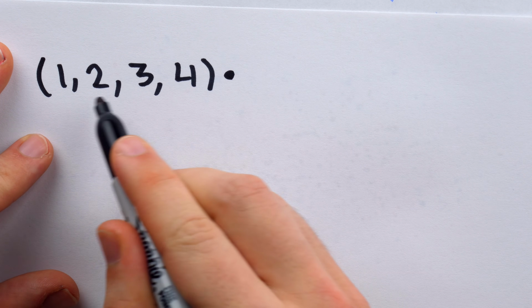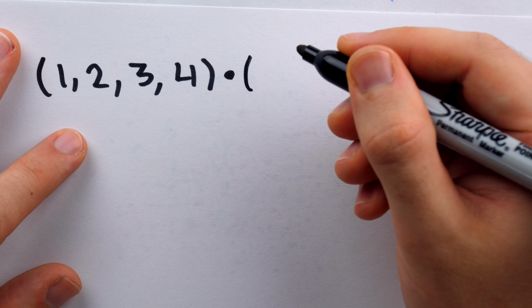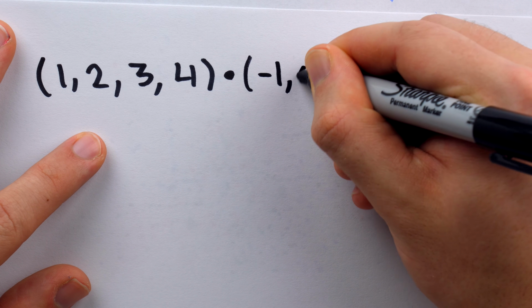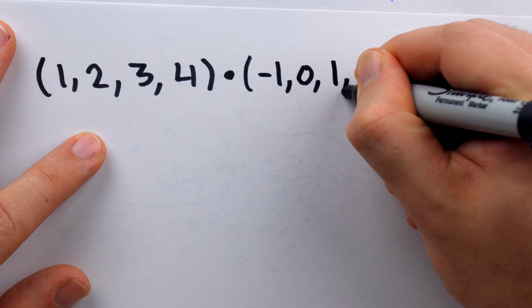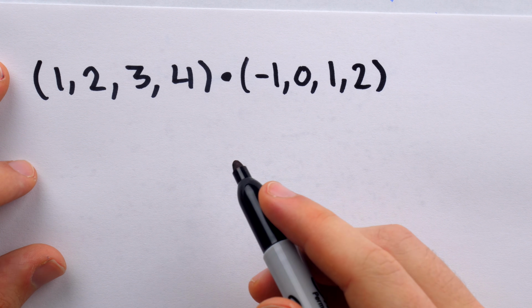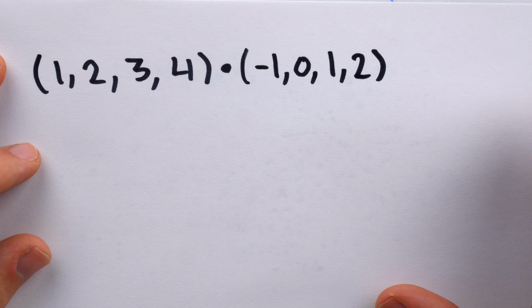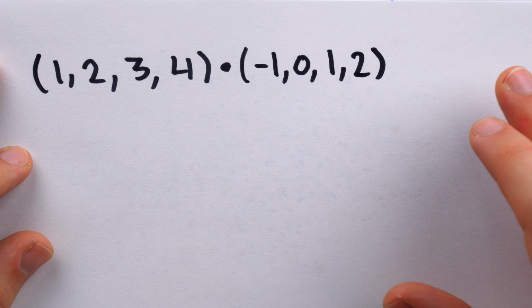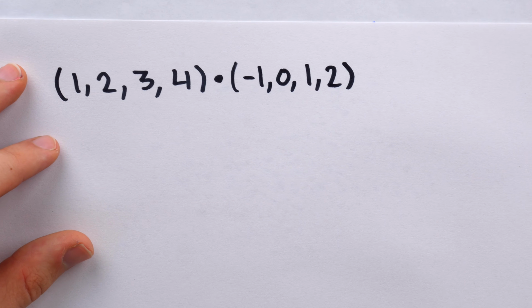So if we had this fourth-dimensional vector, 1, 2, 3, 4, and we took its dot product with the other fourth-dimensional vector, -1, 0, 1, 2, just for example, using this dot product, we could find the angle between the two vectors.